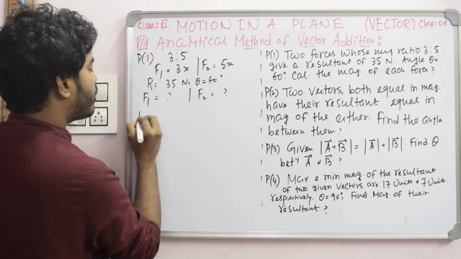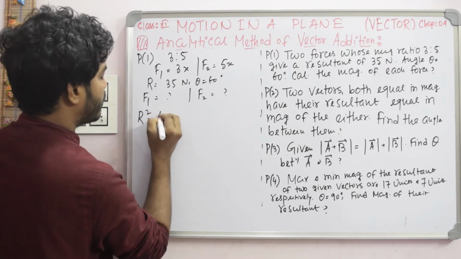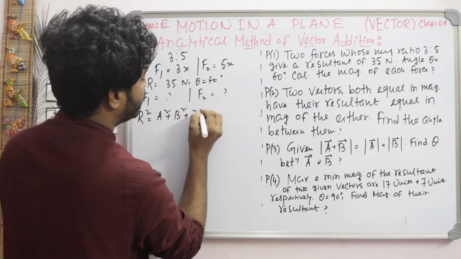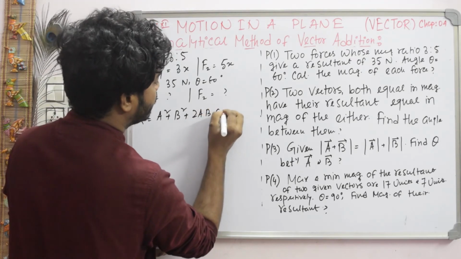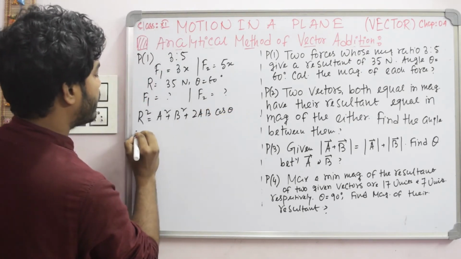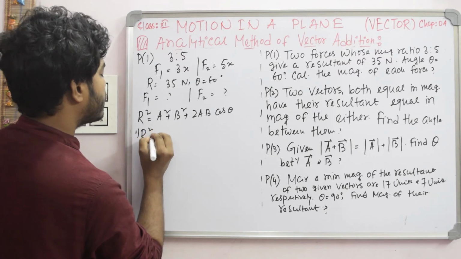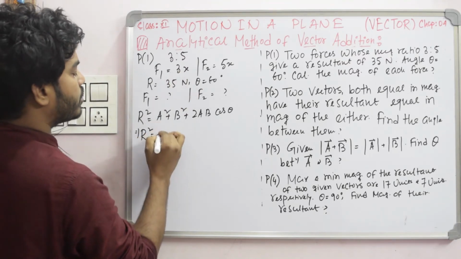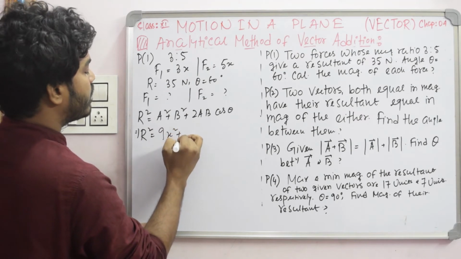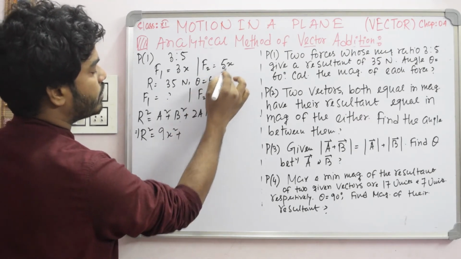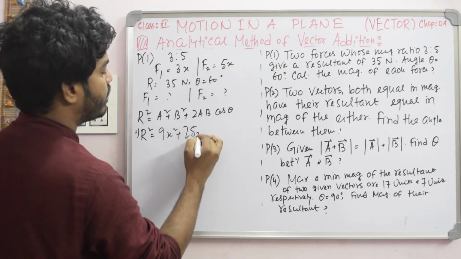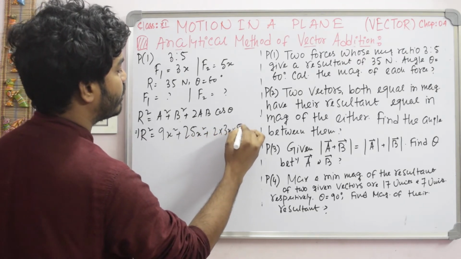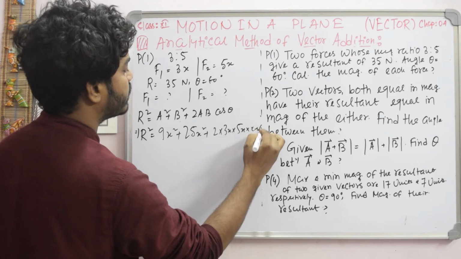So you know the formula, R square is equal to A square plus B square plus 2AB cos theta. Just putting the values, R square is equal to A square, that means the first force 3x, so this gives 9x square, plus B square, that means 5x, so this gives 25x square, plus 2 into 3x into 5x into cos 60.